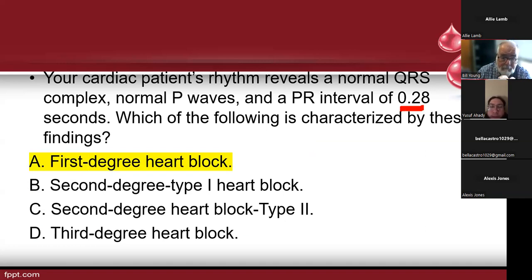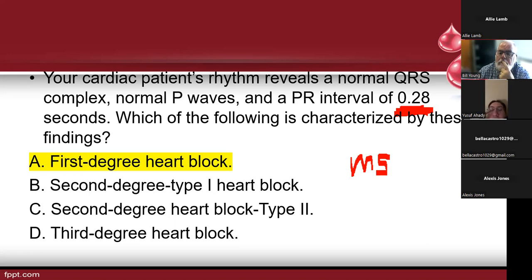Let me back up. If the PR interval were expressed in milliseconds, how would this be written out? How would this be printed on your paper? It'll say 280 milliseconds. Yep, 280 milliseconds.